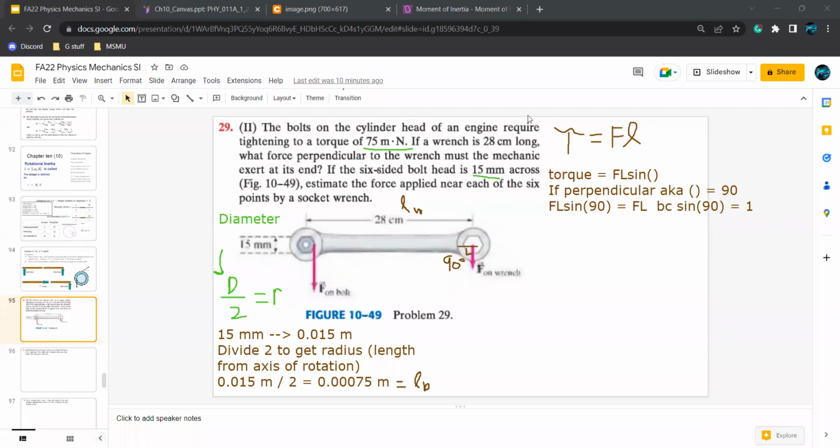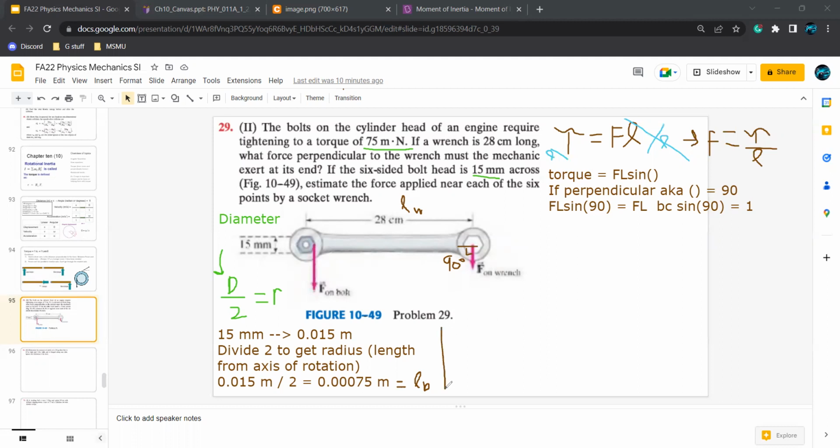Anyway, from there, you're probably going to divide both sides by L, because you're solving for force. So that gives you force equal to torque over L. And then we're going to do this twice, one for the wrench, one for the bolt.